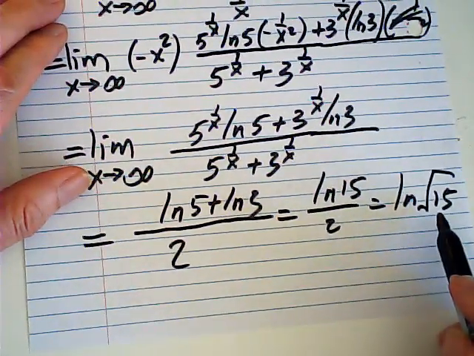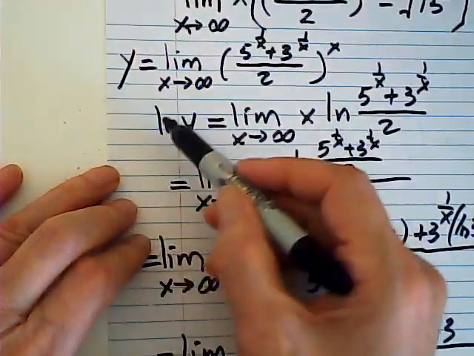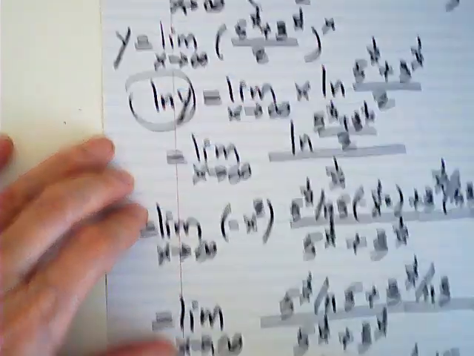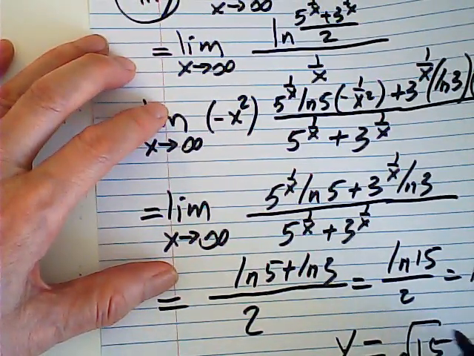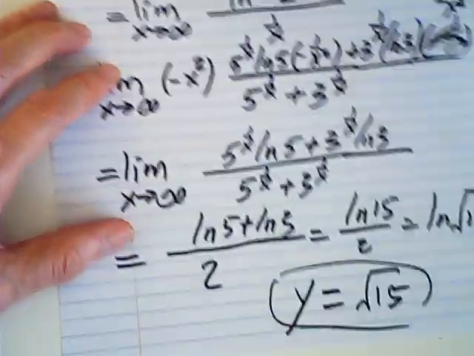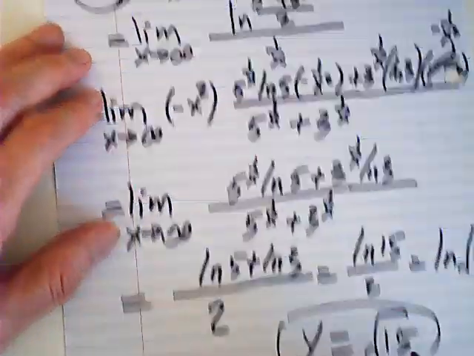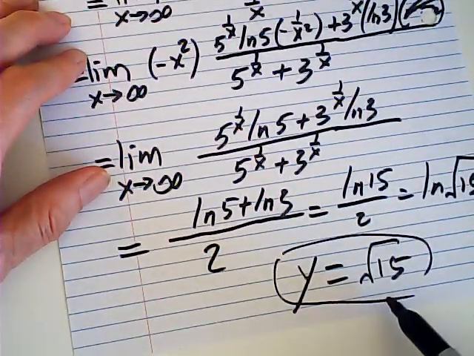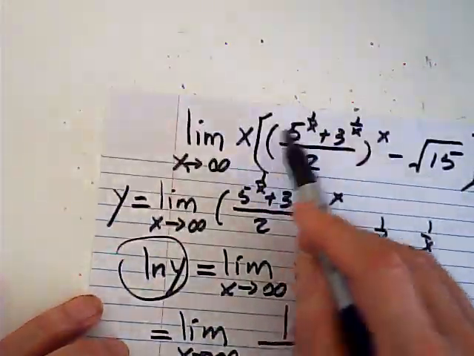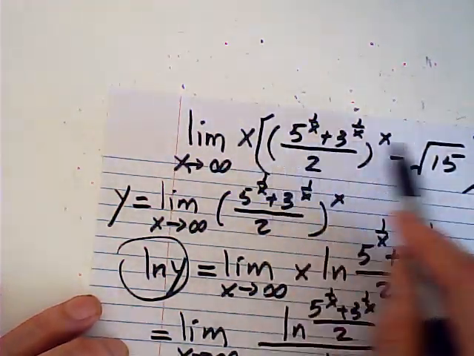Here, log of square root 15 is log y. Therefore, y is equal to root 15. So we verify that this limit is going to be root 15. Therefore, the inside is 0.